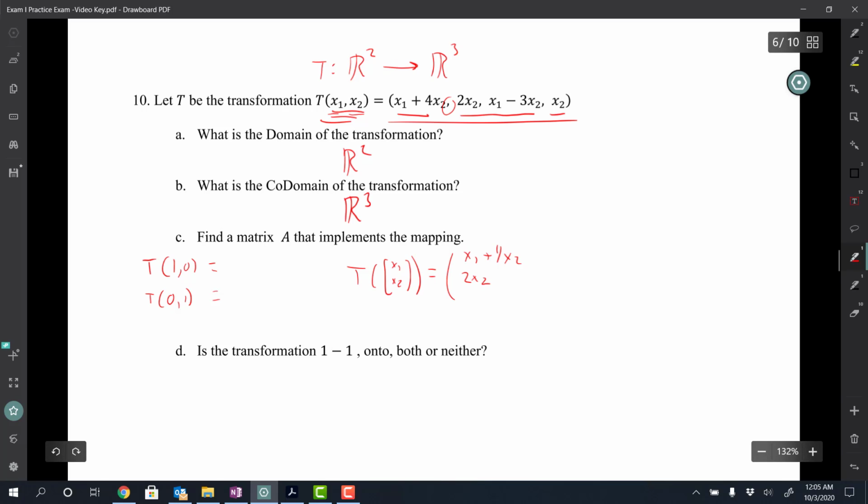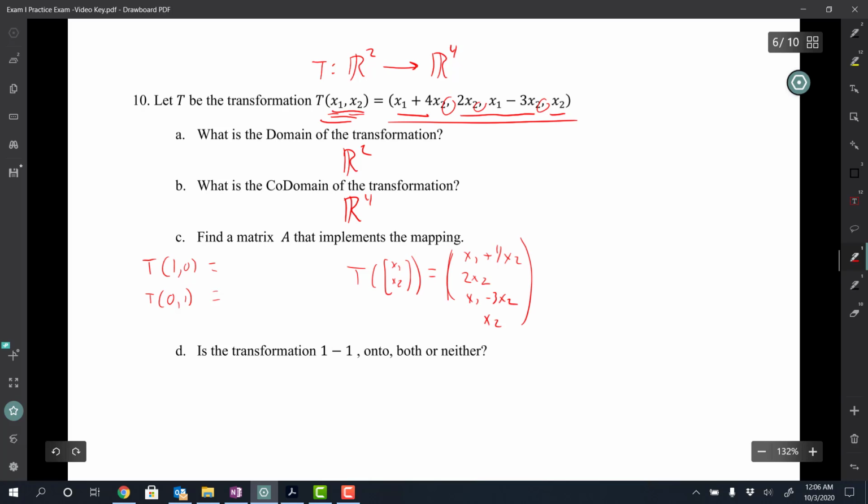I have a comma here, here, and here. That actually tells me this is mapping from R2 to R4, which means our codomain is R4, not R3. There we go. And so once again, I'm writing out my vector. I have 2x2, I have x1 minus 3x2, and lastly I have x2.